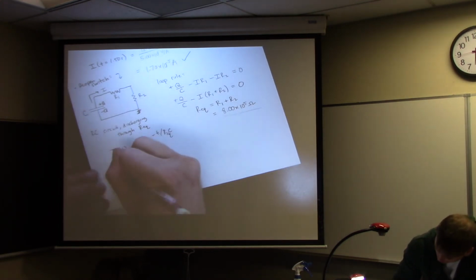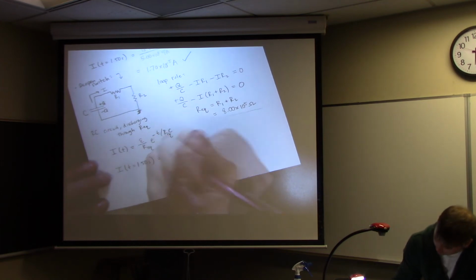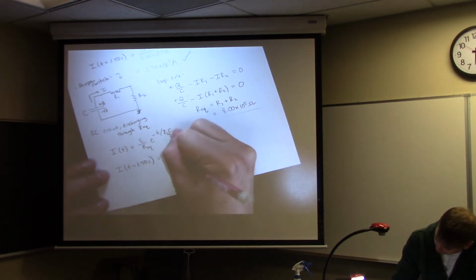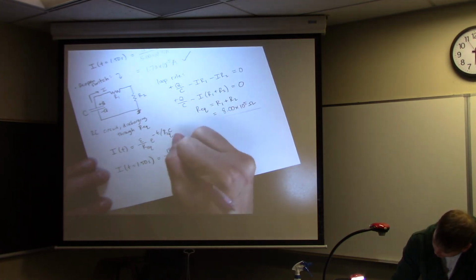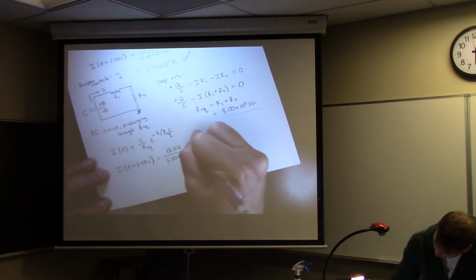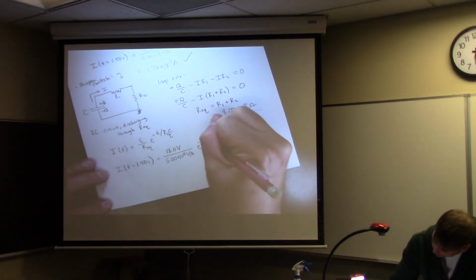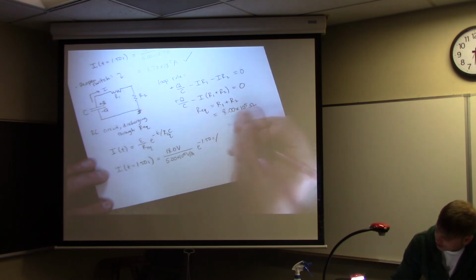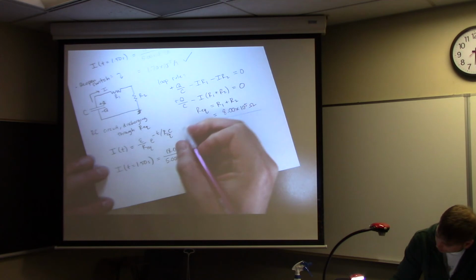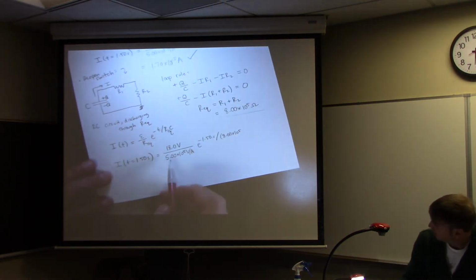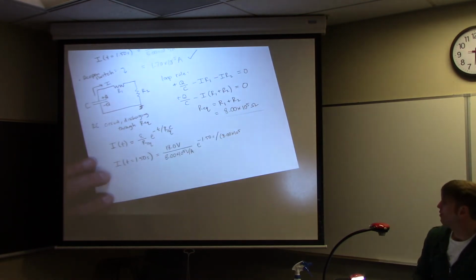Now it's a plug and chug problem because the time is 1.5 seconds. The epsilon, as before, is 18 volts. Divide out 5 times 10 to the 5 volts per amp. And then we'll take e to the minus 1.5 seconds, divide out, just to go back to here, R_eq is supposed to be 8 times 10 to the 5.